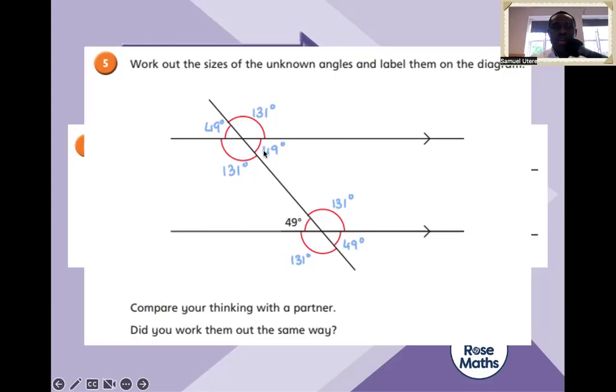Now we can use our knowledge of adjacent angles on a straight line adding up to 180 to find this angle here. So we can subtract 49 from 180 degrees to get this angle. And then that angle has to be alternate to that angle, so that should be 131 degrees as well.